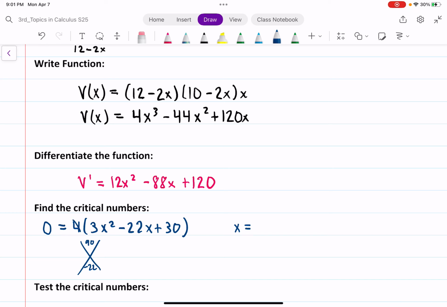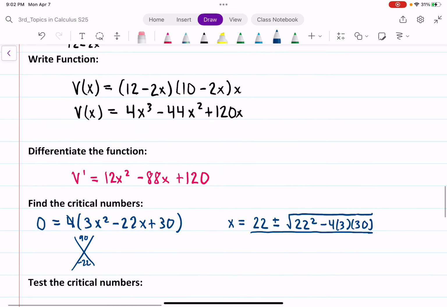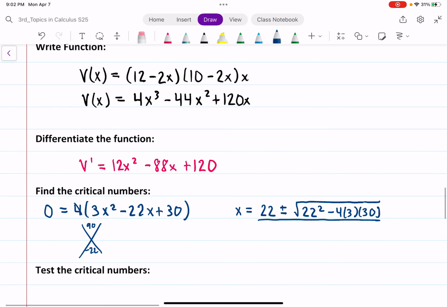I can go ahead and divide off the 4 so that I don't have to deal with big numbers. So if I do that, then it's negative b plus or minus square root of b squared minus 4ac, all over 2a. So that means that'd be positive 22 plus or minus the square root of 22 squared minus 4ac, all over 2 times 3.